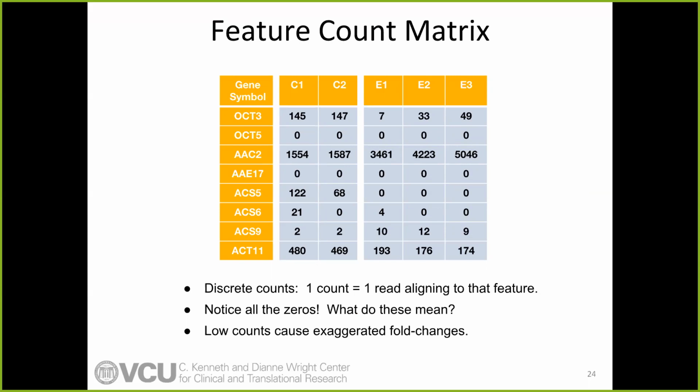But the real matrix contains mostly zeros. But the zeros here actually mean something. It means it found no actual fragments of that gene in that sample at all. So there's a biological meaning to these zeros. So we can't just normalize them out or get rid of them.